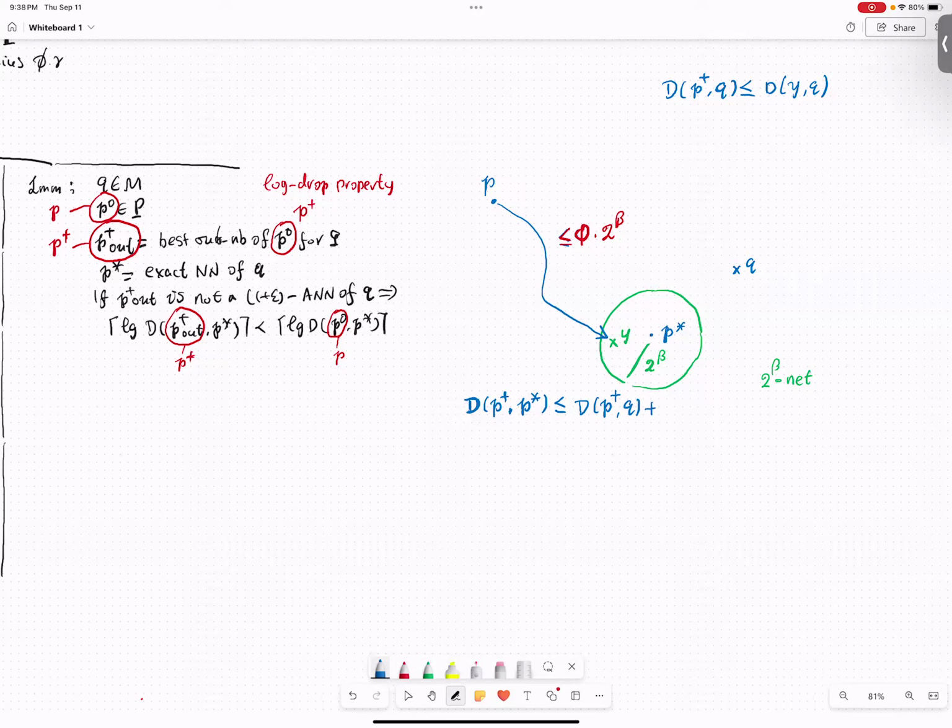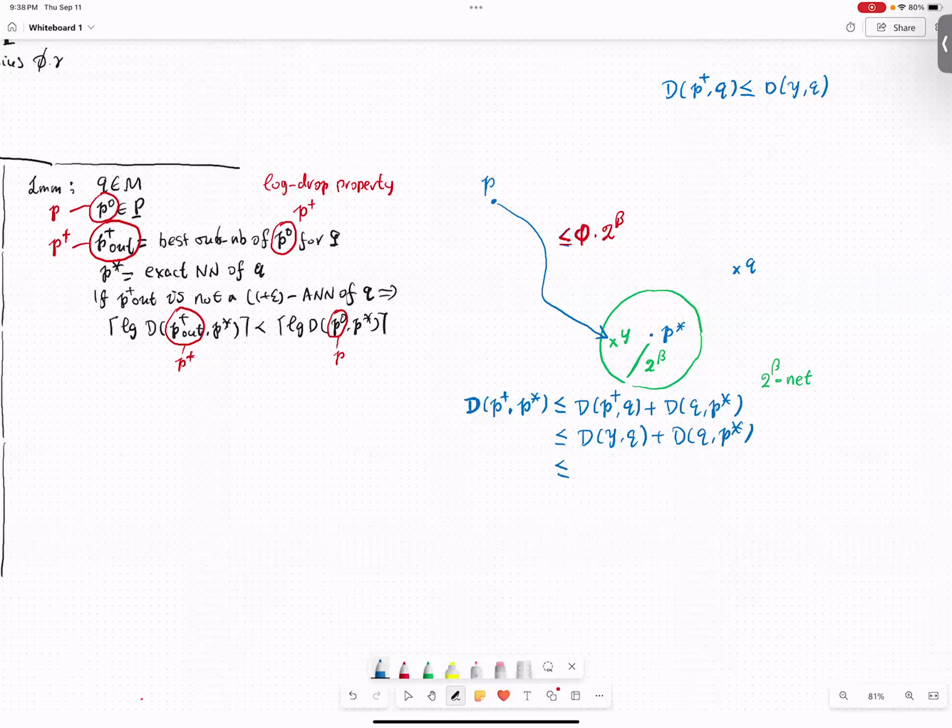This will give me this inequality. Now I can utilize this inequality to work on this term here. So now this will become d(y, q) plus d(q, p star).